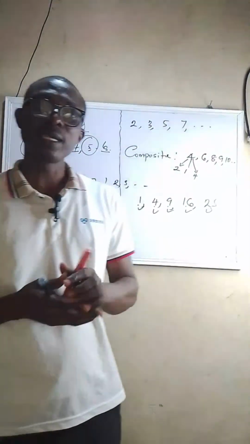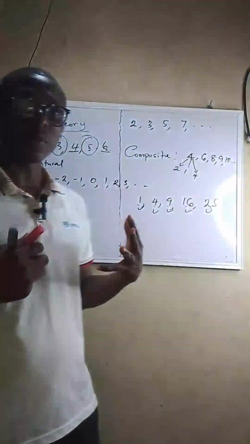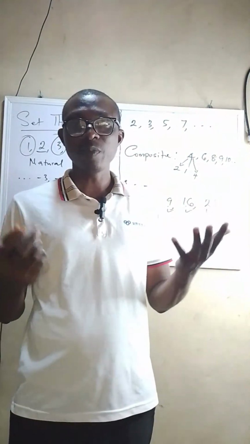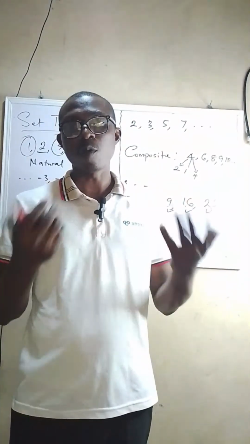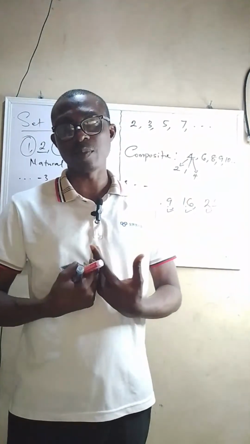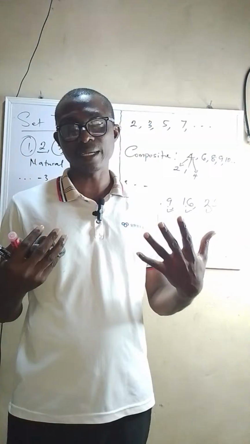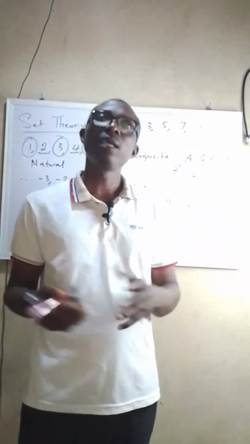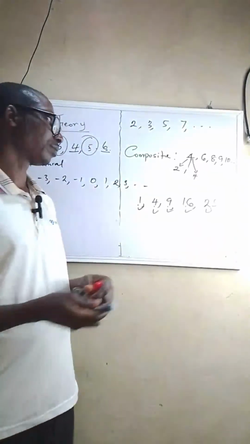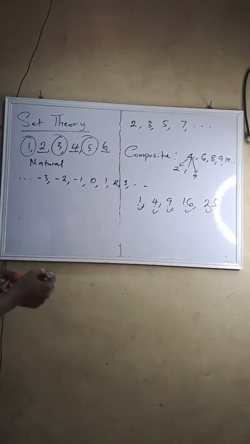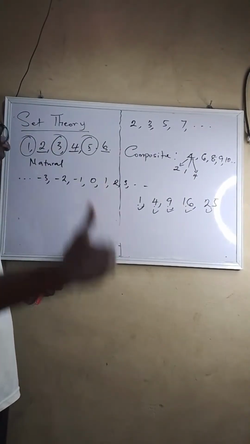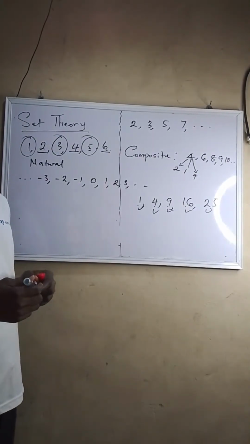So you can see now that when we talk about sets, they are well defined. If I say, give me 2 examples of composite numbers, you know the numbers I'm talking about. You cannot mistake them for another number. Okay? So now, in set theory, we enclose the elements of a set in curly brackets.